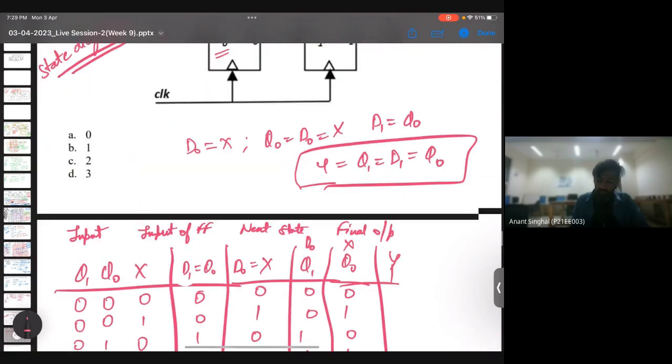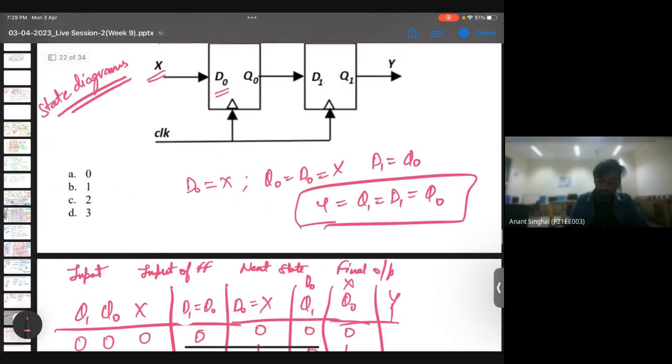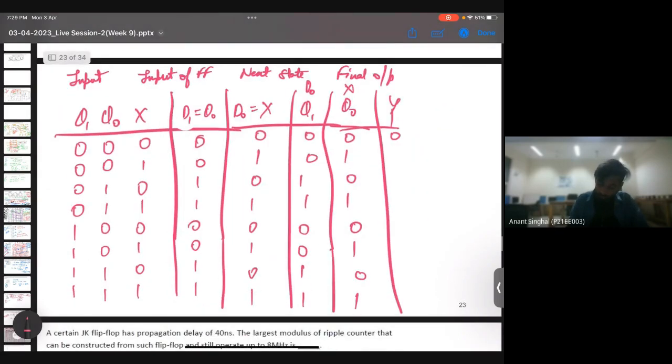And the final output Y we have just calculated is nothing but Q naught, so I'll write it again: 0, 1, 0, 1. Is it fine, this table? Any doubts in this table?